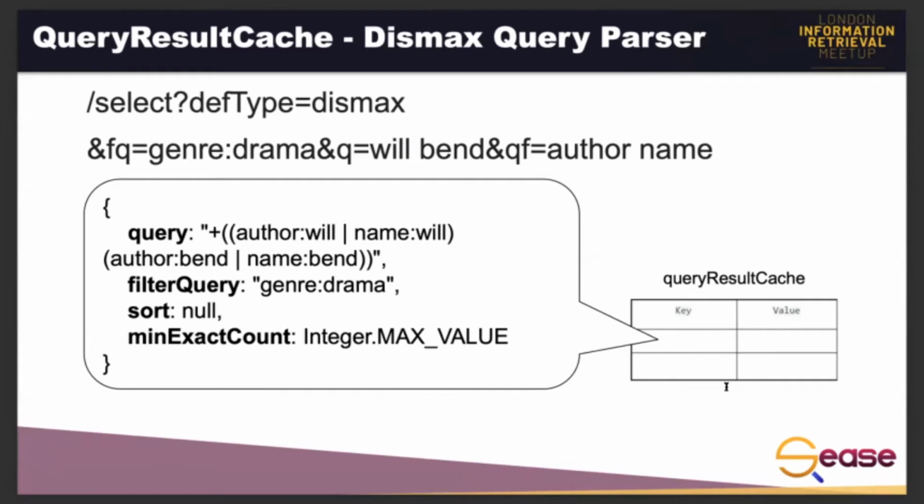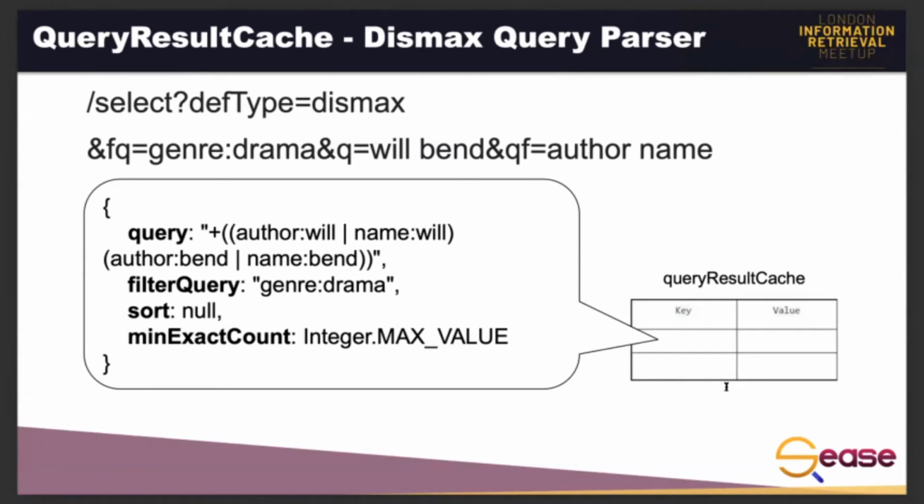This is another example, where we are using a DisMax query. In this case, the query is translated into a Lucene query, and the only difference compared to the previous example is that the query is not just the q parameter, the q clause, but contains something more complex. In this example, we want drama movies.